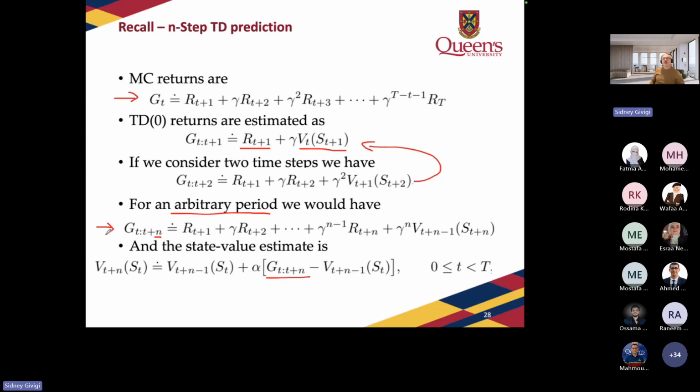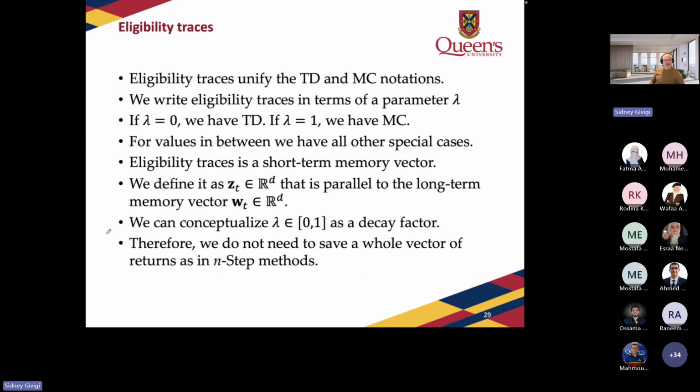And this is going to be done through a parameter that we call lambda here. And that's why we call one-step TD, TD0, because in that particular case, our lambda equals 0. If lambda equals 1, we go all the way to Monte Carlo. And for values in between, we are going to have a mix of TD0 and Monte Carlo, okay? So we are going to have both.